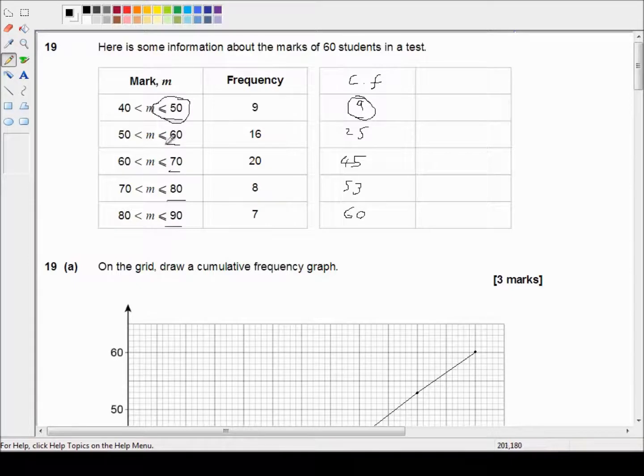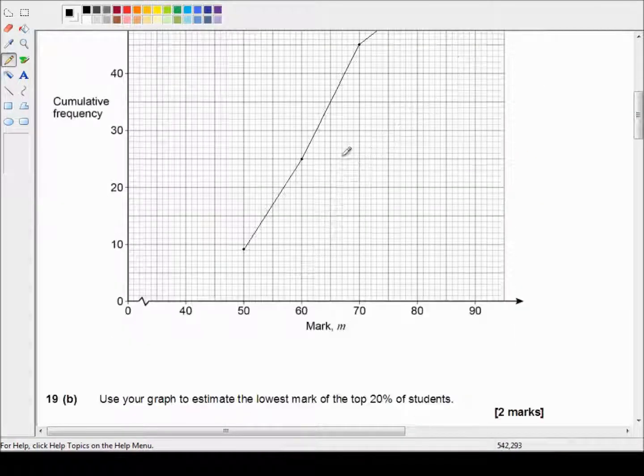And then for 60, we want to plot 25. So the 60 is here, so we're going up, and 25 is exactly halfway between 20 and 30. So plot the point here.